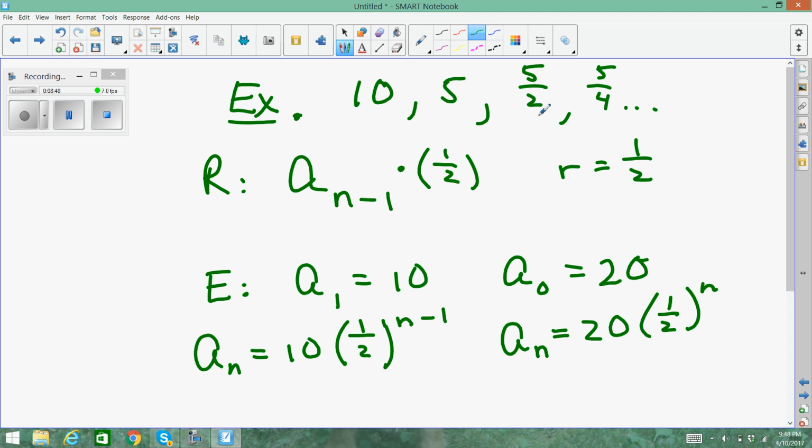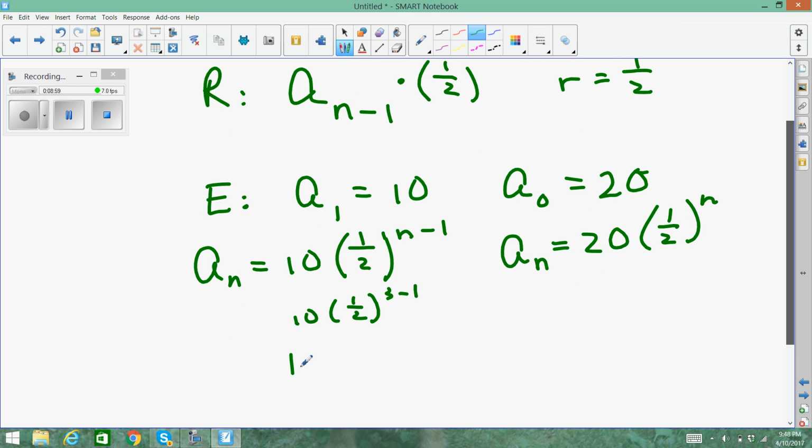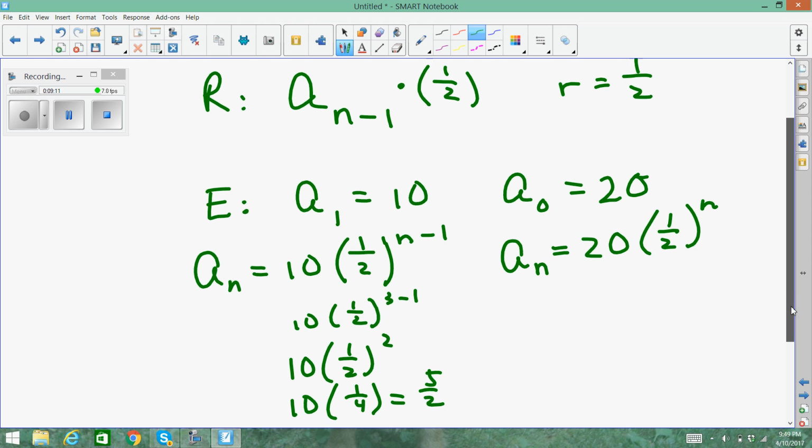So let's try that. So we do 10 times 1/2 to the 3 minus 1. So that's 10 times 1/2 squared, which is 10 times 1/4. 10 times 1/4 is 10/4, or 5 halves. Did we do it?